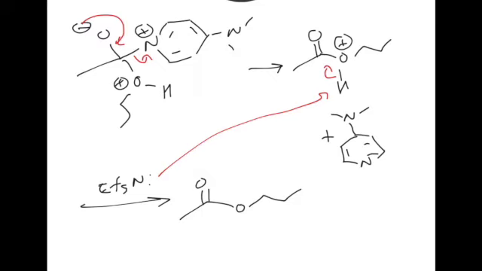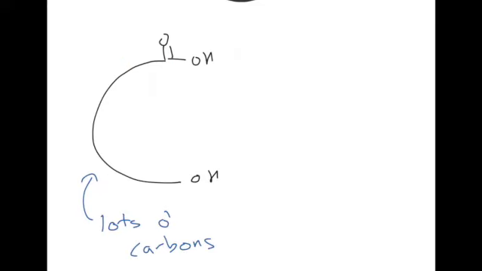Cool. Okay. So what this is used for a lot is if you have an acid and then you have a lot of carbons, 10, 15, 20 carbons between that acid and the alcohol, you use your Yamaguchi conditions.